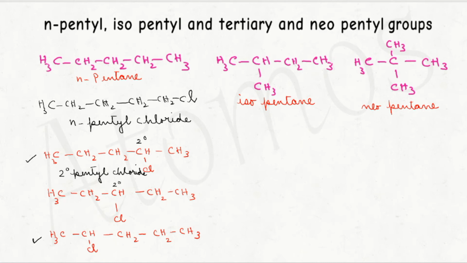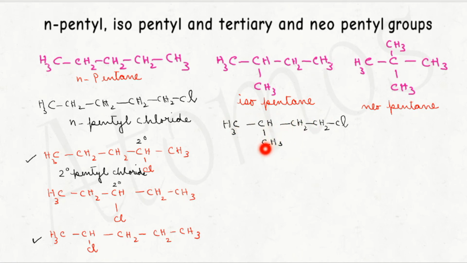Now, what about the next isomer? Isopentane. 5 carbon atoms will be there and 1 branching also will be there. What we are going to do? Replacing 1 hydrogen atom from the last carbon atom, we are going to attach a substituent. Write and see how it looks. What will be the common name of this compound? That time itself we will have to think about which isomer this is. 5 carbon atoms are there, 1 branching is also there.